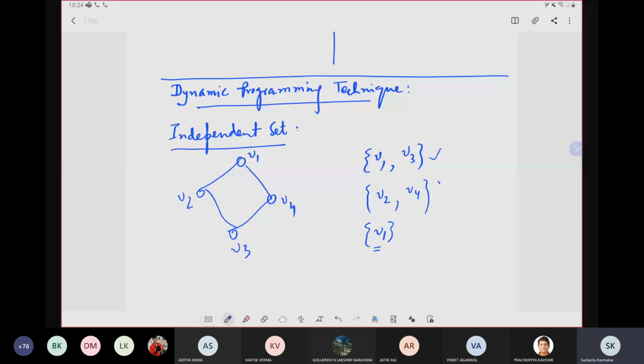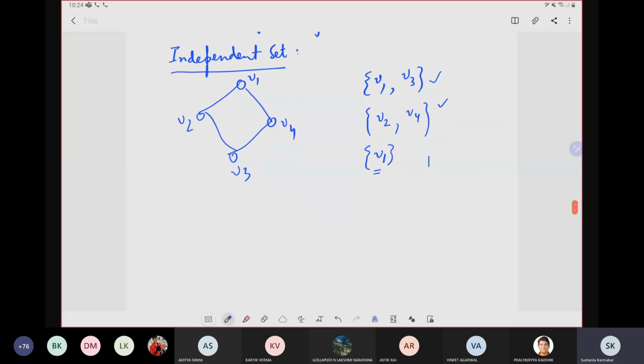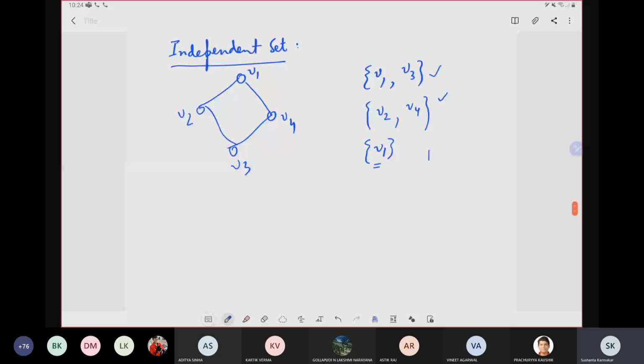The idea with independent set is that it is often asked: for a given graph G, what is the maximum size of the independent set?